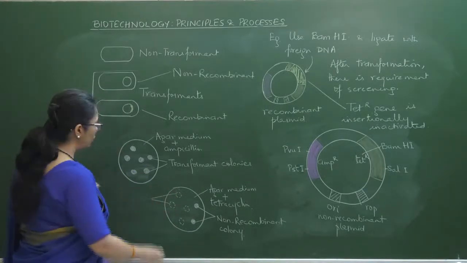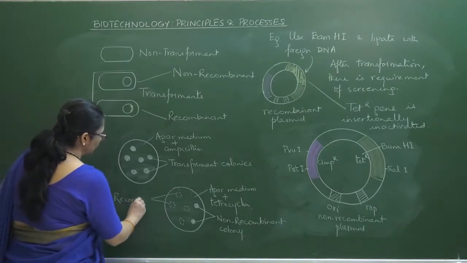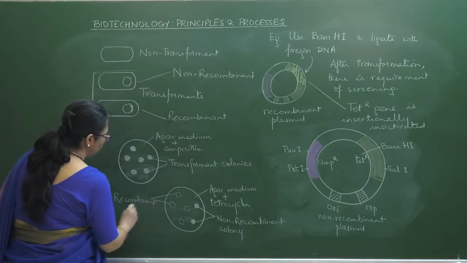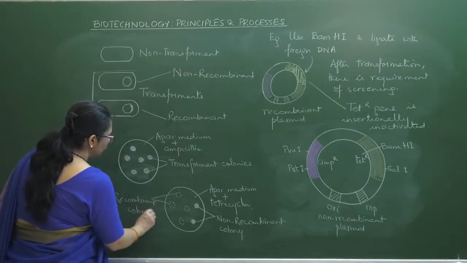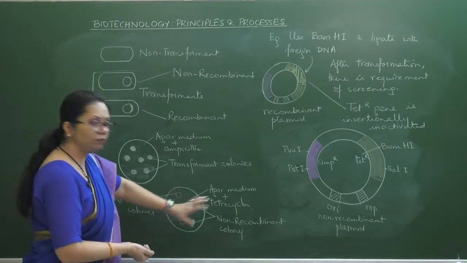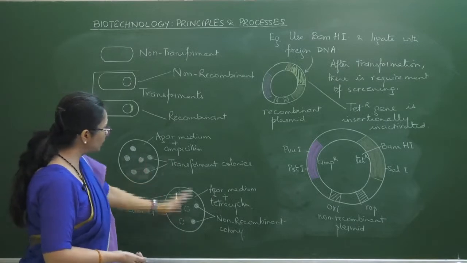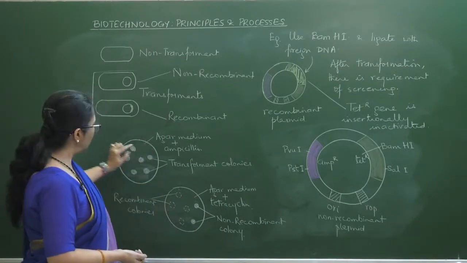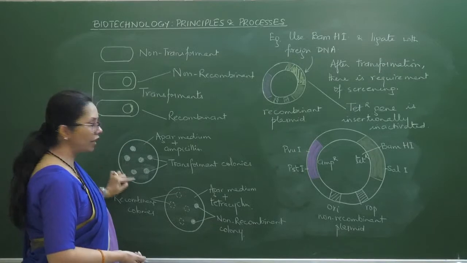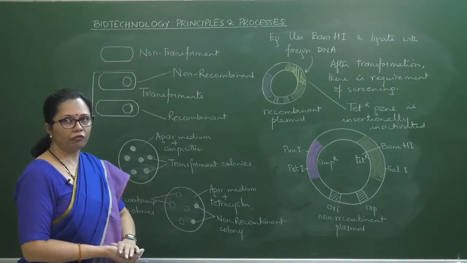The recombinant colonies, but you have killed them. Recombinant colonies. So that is the reason why replica plating is to be done, because on this plate you will not get recombinant colonies. But since it is an exact copy of this master plate, we know now which colonies have recombinants in them. So we can pick the bacteria from there now.